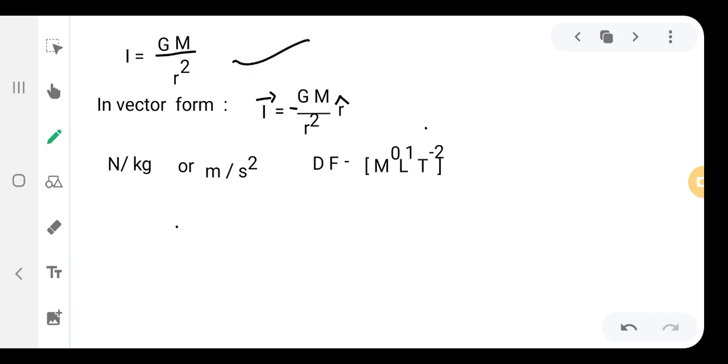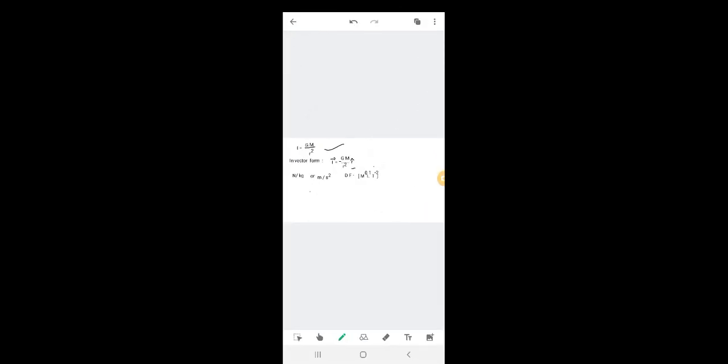In vector notation, I vector is equal to minus G M by r square into the unit vector, which makes it a vector form. The SI unit of intensity is Newton per kg, or meter per second square.